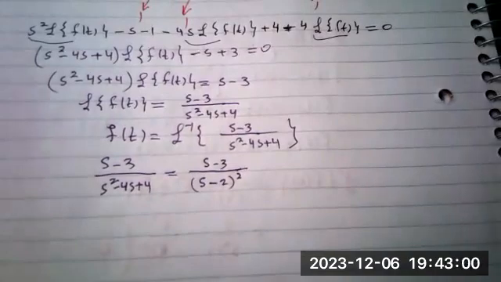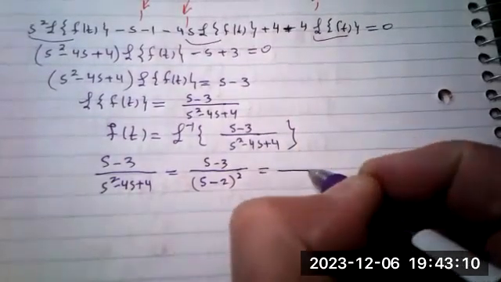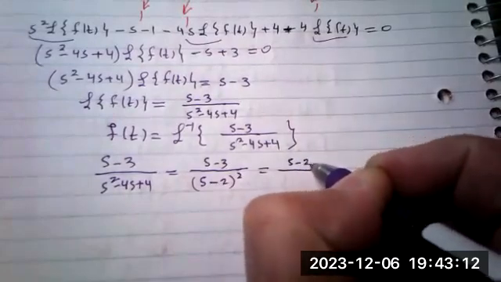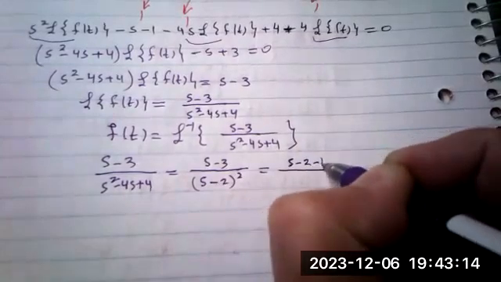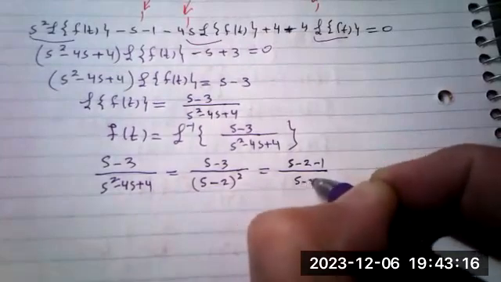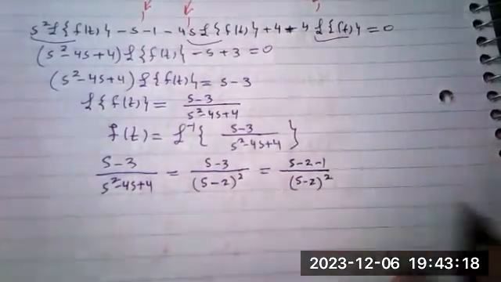Now to get this one, we change s minus 3 to s minus 2 minus 1, then we'll be able to do it. When you have this repeated solution, this is going to be the case.